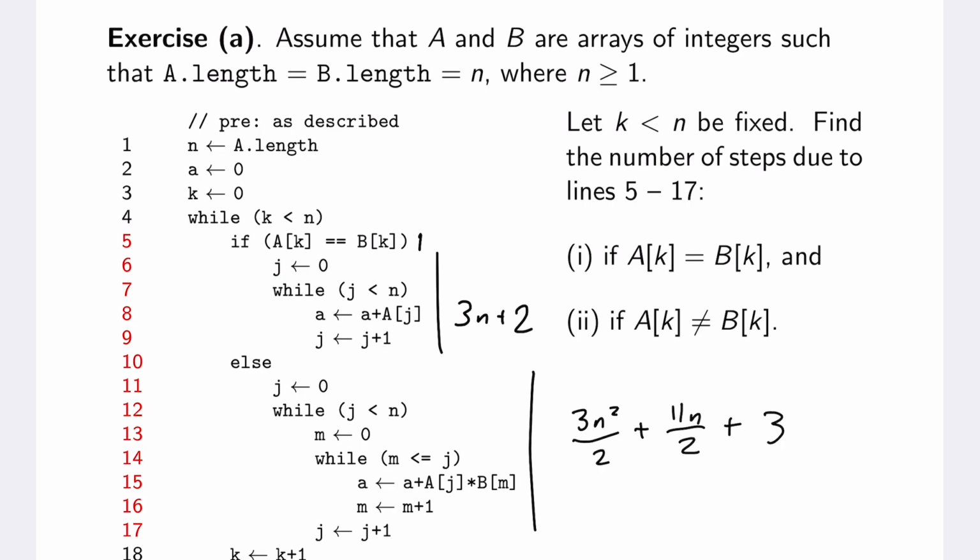Okay, so then the slide said 3n squared over 2 plus 11n over 2 plus 3. That count included line 5. So for the sake of splitting things up, we're just going to decrement that. And I'm going to try and make it as obvious as possible that this is a 1 and not just some line. Cool.